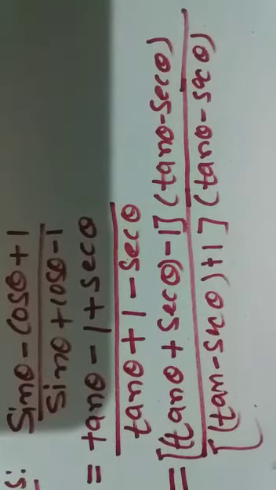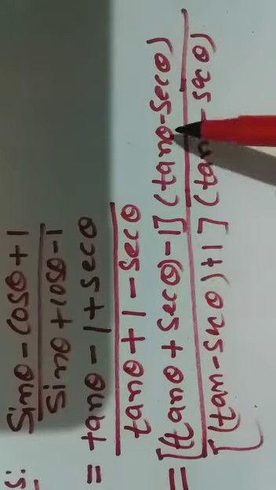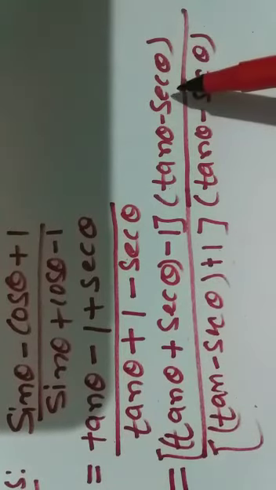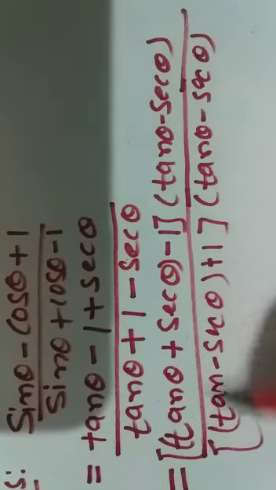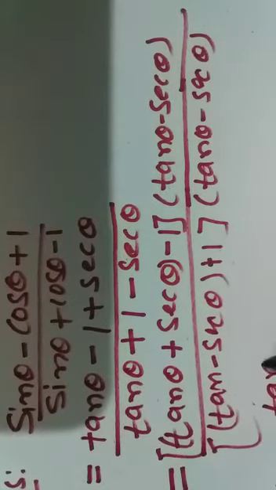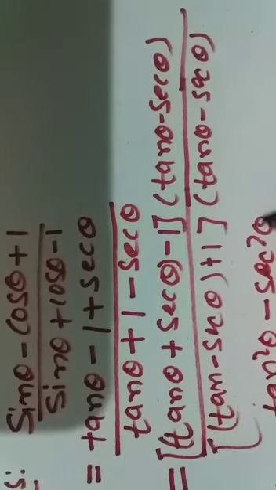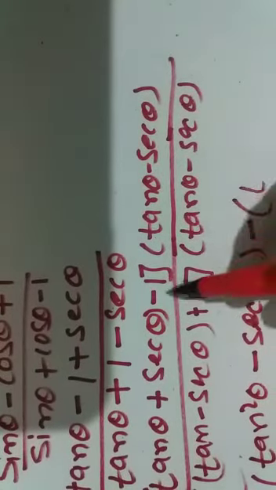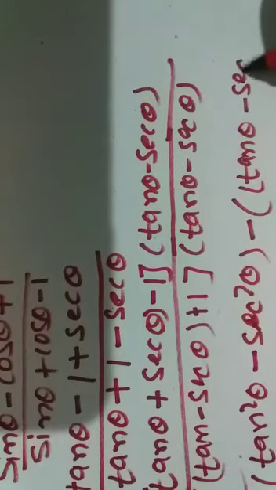Now see here, just multiply this with this. Here tan theta plus sec theta and tan theta minus sec theta, that is a plus b, a minus b, so what will we write? Tan square theta minus sec square theta. And this we will write as it is: minus, you multiply with 1, then tan theta minus sec theta.